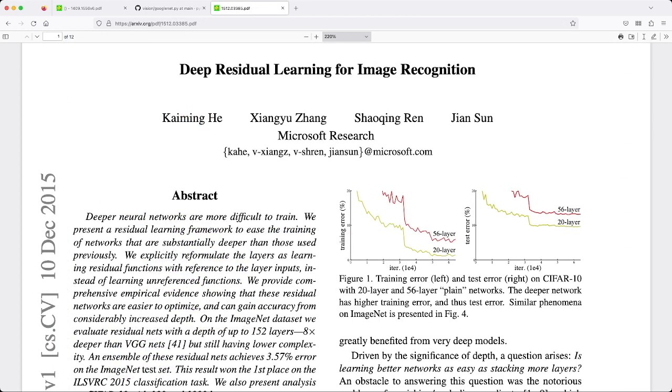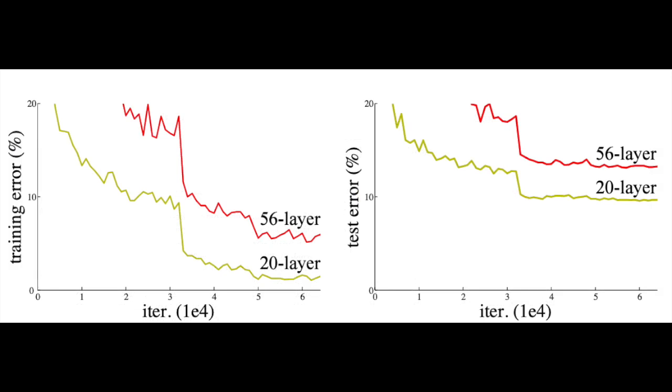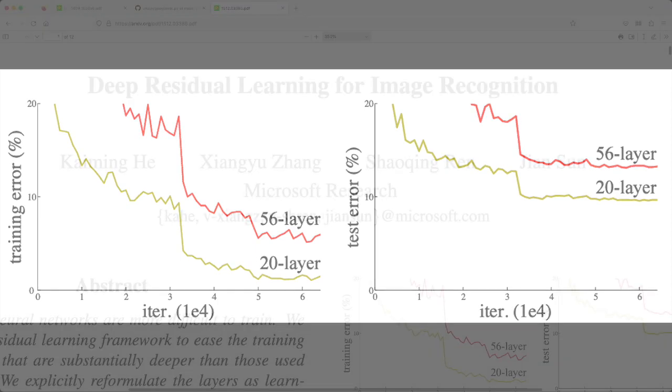In 2015, researchers at Microsoft published a paper entitled Deep Residual Learning for Image Recognition. Previous work, like GoogleNet and VGG, had found that increasing the number of convolutional and pooling layers increased the accuracy of the trained network. The authors tested the limits of this idea by trying very deep models. They discovered that training a model with large numbers of layers actually resulted in a degradation of accuracy.